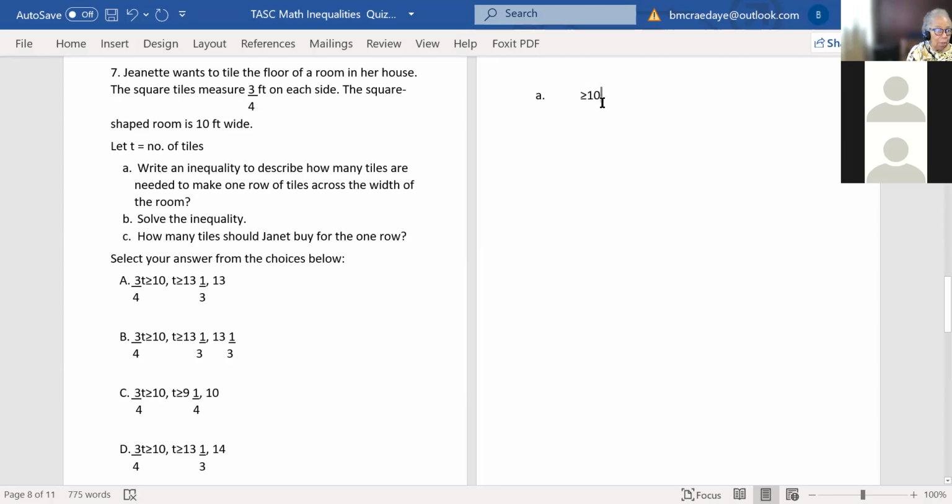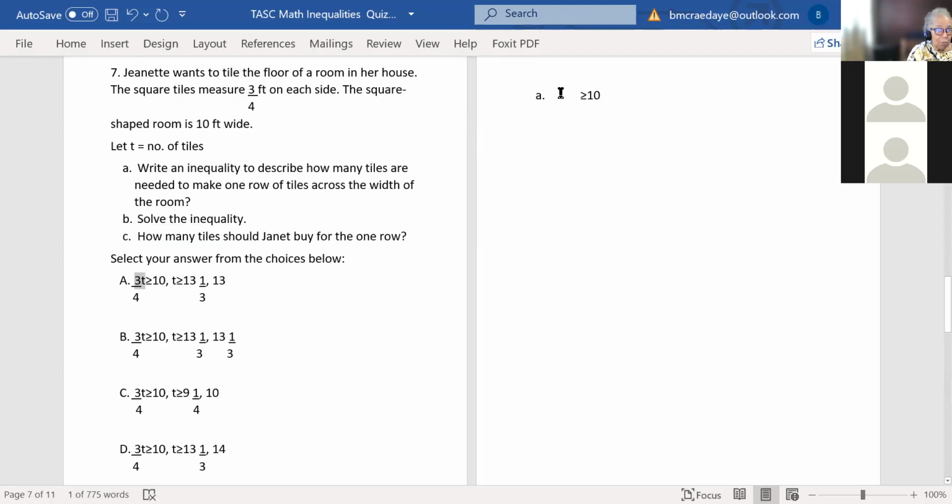So what must be greater than or equal to that 10 feet wide, Vanessa? 3/4. The size of the towel times the number of towels, which is really this 3/4 T, right? Yes, that's the size of the towel.